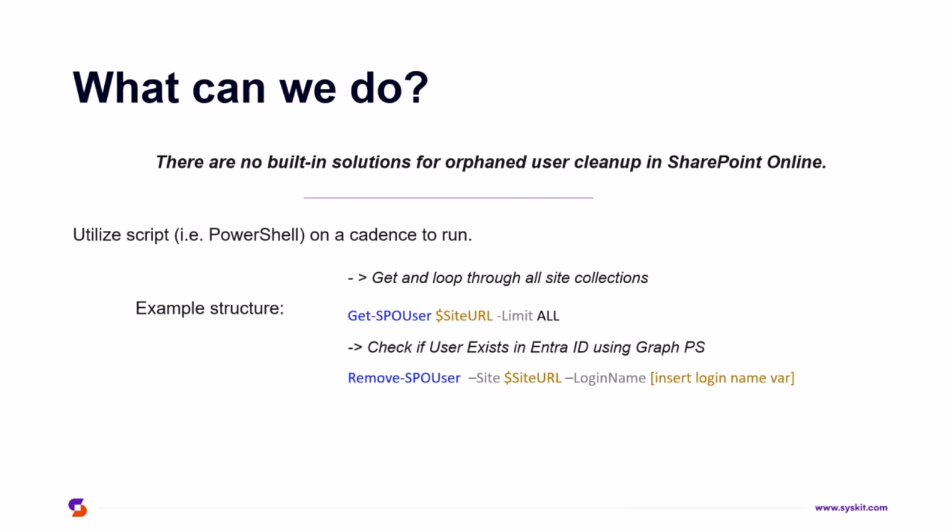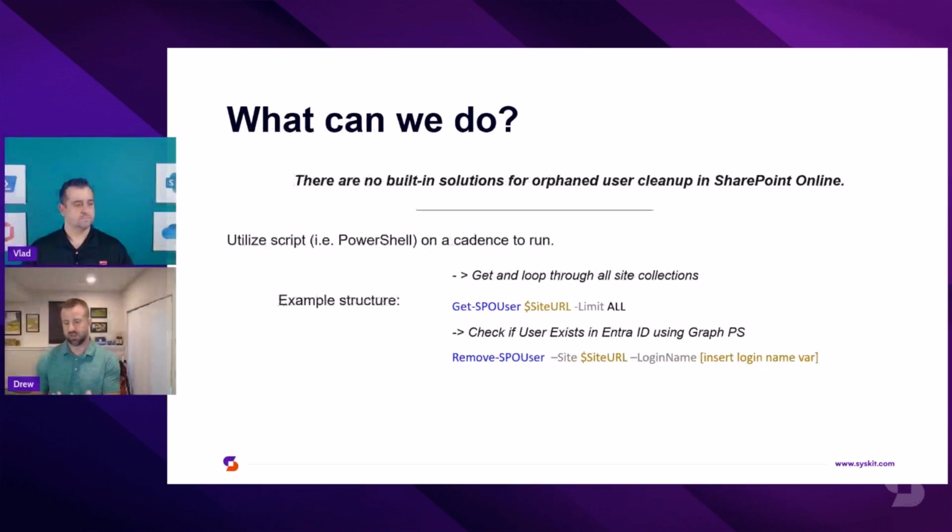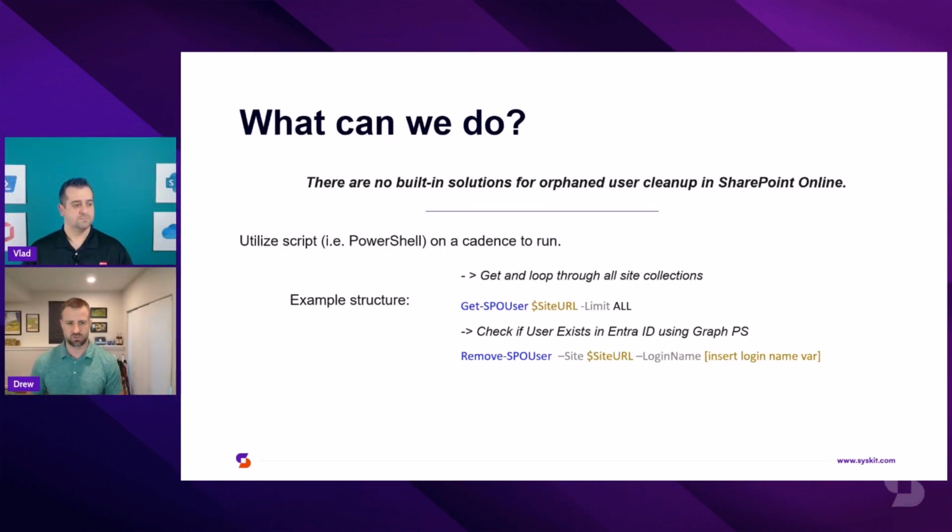So you can even get to the level of starting to do some of your own permission pulling based on the user object itself. So get your sites, get the users per site, loop through and validate for each of those users and check if they exist. If they don't exist, run a Remove-SPOUser to remove that Delete Me object from that site.